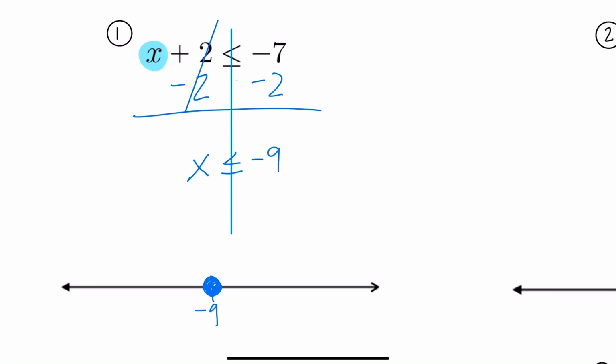This is going to be a solid circle for us. And then x is less than, so we're going to go in the same direction as our arrow and fill that guy in. So we are less than or equal to negative 9. Cool. All right, number 2.